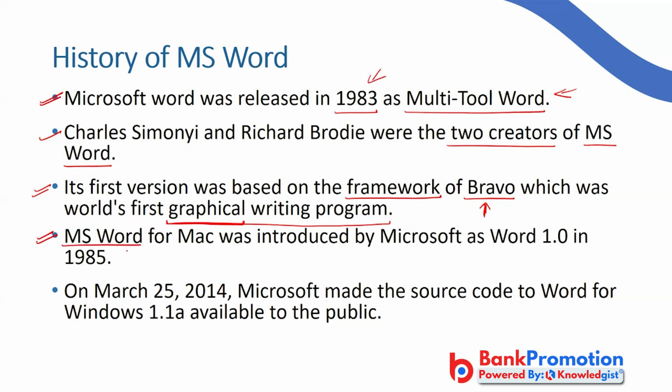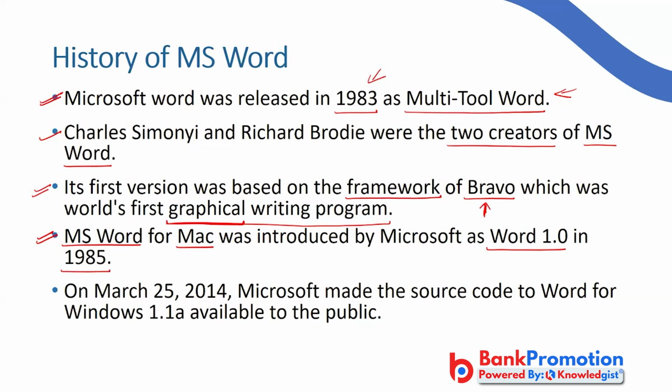Remember that? MS Word was introduced for Mac, not for Windows. Not for Windows, they introduced it for Macintosh, the Apple laptops, right? So they released it for Mac as Word 1.0 in 1985, guys. Remember that.